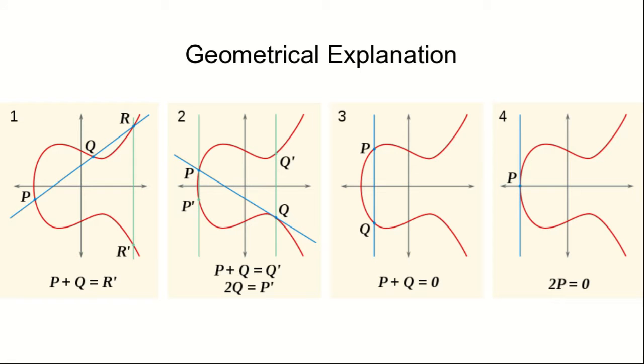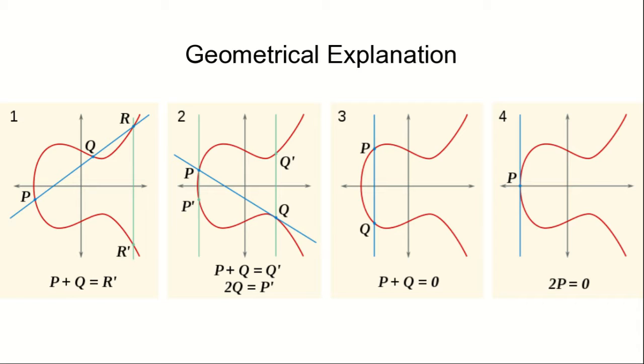Let's see a geometrical explanation of point addition. In the first picture, we have P and Q. The line PQ intersects the elliptic curve at point R. Reflect R on the axis.